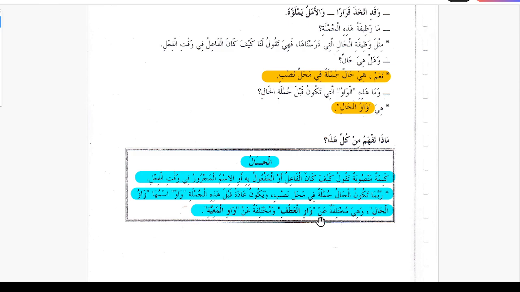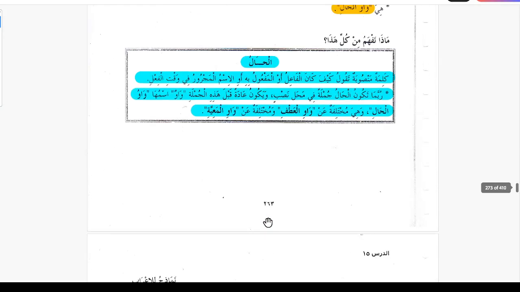It is different from واو العطف and from واو المعية, which we just studied with the مفعول معه. So this is the summary of the hal.